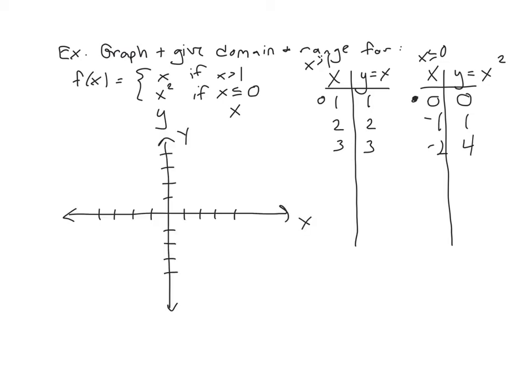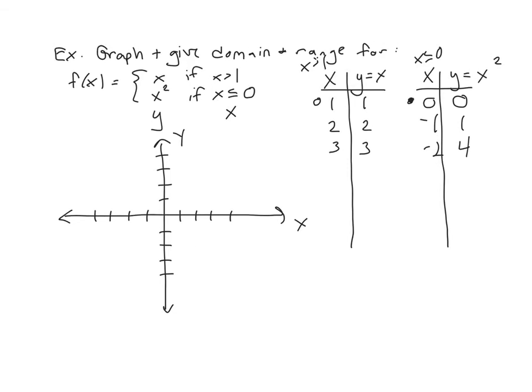So now I draw my axes, labeling, of course, x and y. I suggest graphing one column at a time. That way you don't get yourself confused and connect points that shouldn't be connected. So I'm going to start with 1, 1, and I'm going to have an open circle. And then I'm going to go to 2, 2, put a little point there, and then 3, 3.